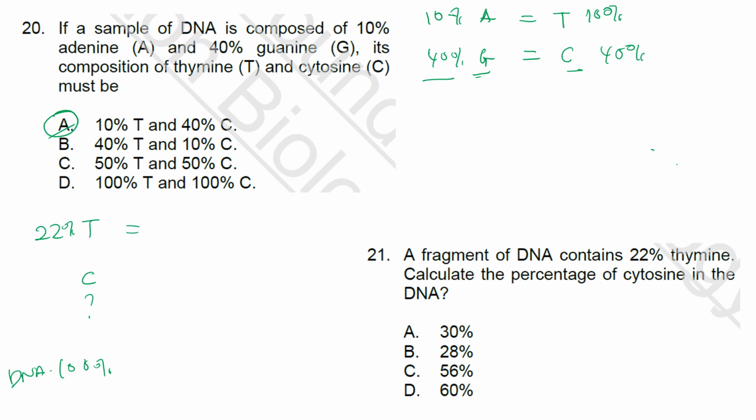Thymine pairs with adenine, so the amount of adenine will also be 22%. Together, adenine and thymine will be 44%. For the rest, you will have to minus 100 with 44. You will get 56.